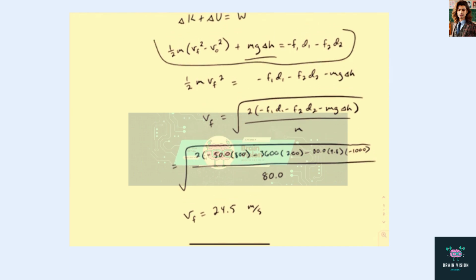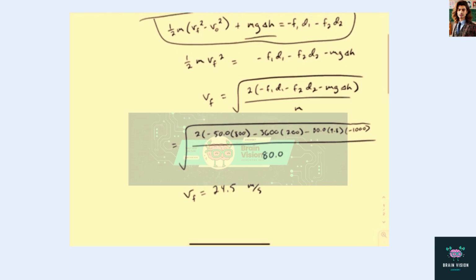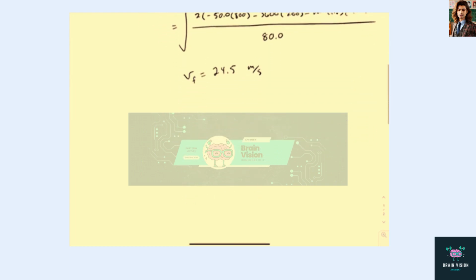I'll start with this one, and we're looking for when the parachute should be open. So that's going to be at height 2, basically, distance 1 and distance 2. So let me just rewrite this equation.